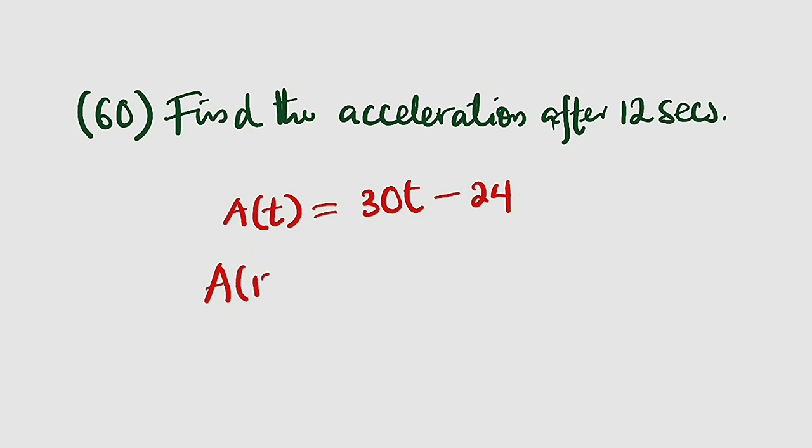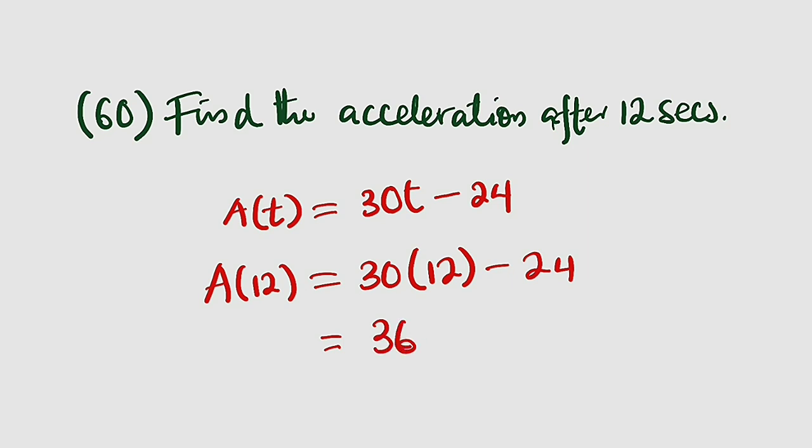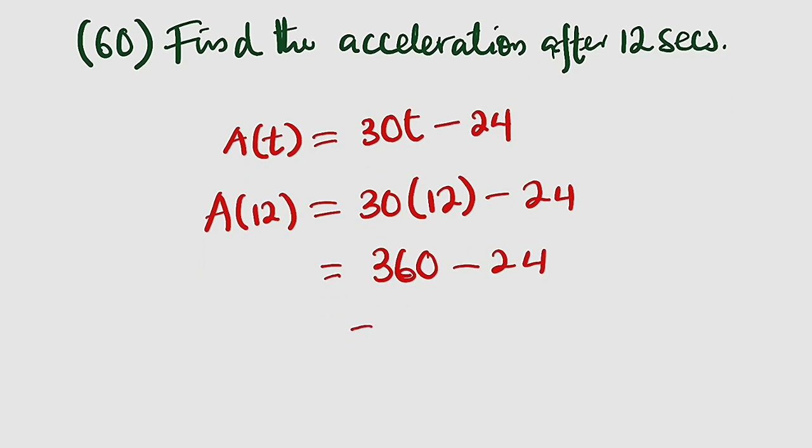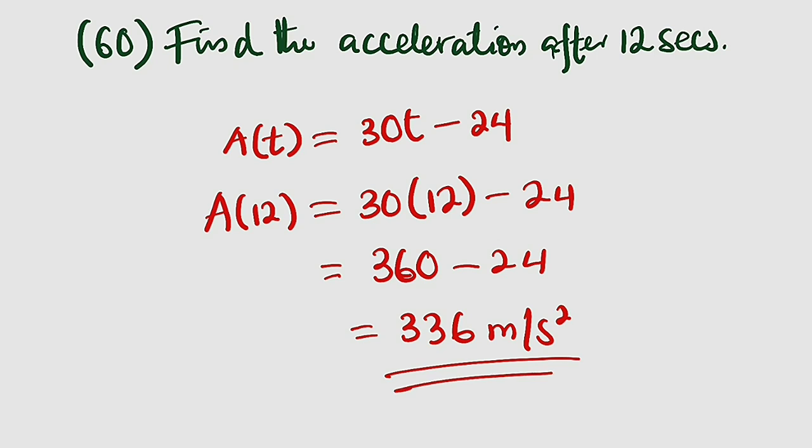So this is A of 12 equal to 30 multiplied by 12, then minus 24, right? So what is 30 multiplied by 12? That is 360. The minus 24, that will give us 336. What is the unit? Meter per second squared. And this is said to be the solution.